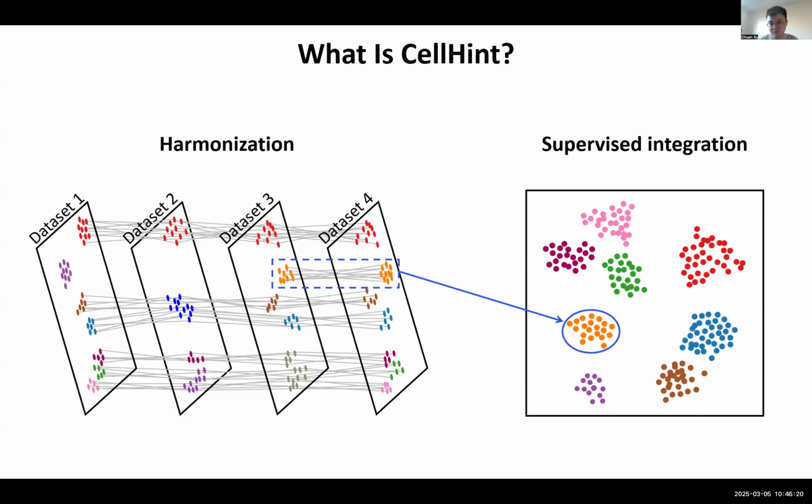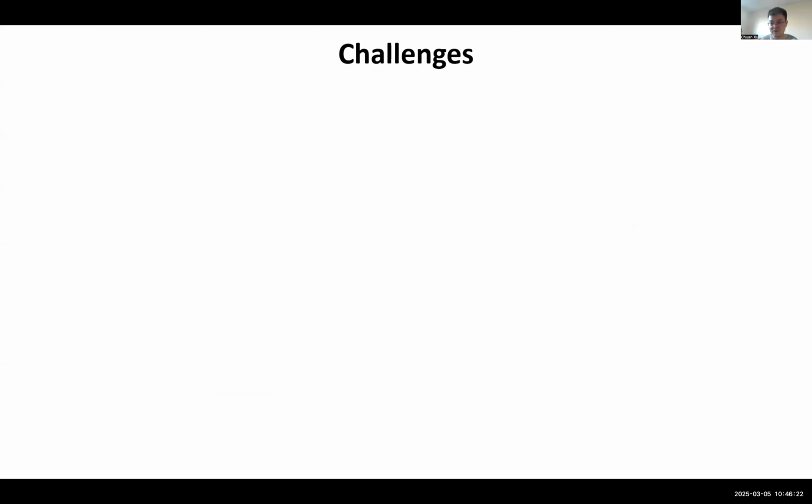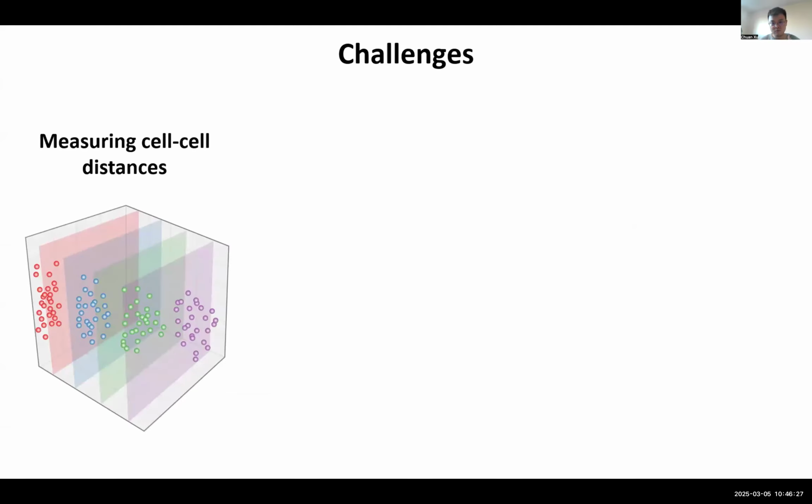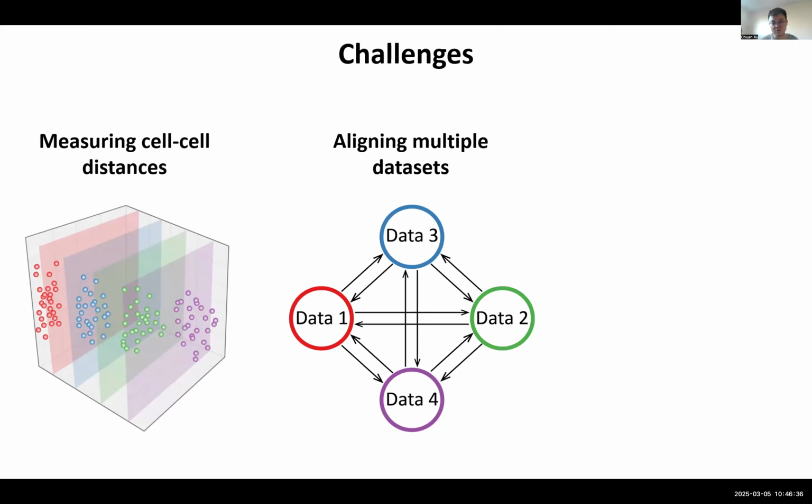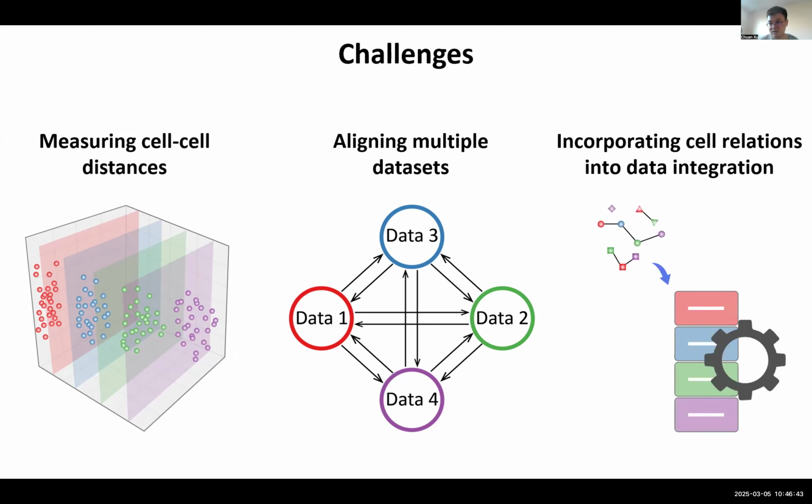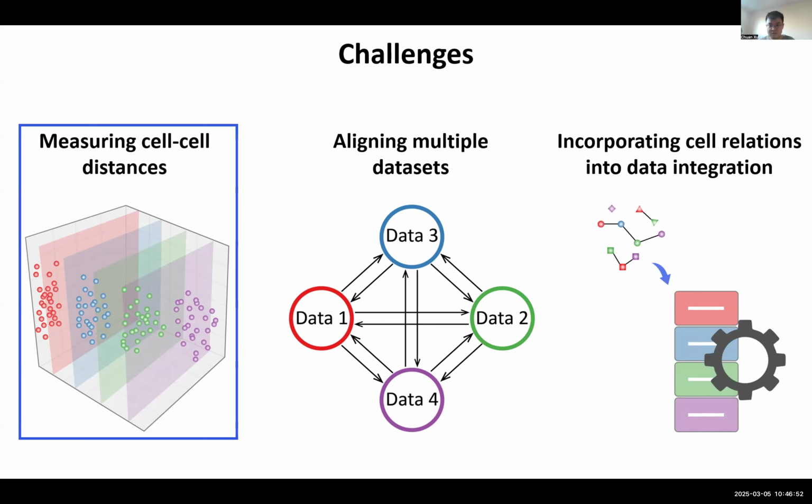To achieve these 2 functionalities, we need to overcome 3 technical challenges. First, how to robustly measure cell and cell-cell distances with minimal influence from the batch effect. Second, how to align cell types of multiple datasets and to summarize and visualize this information. And third, how to incorporate cell-cell relationships into the single-cell data integration process.